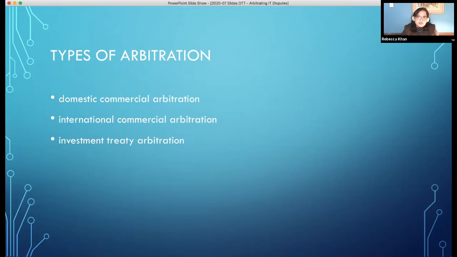Treaties incorporate a mechanism called investor-state dispute settlement, which allows a foreign investor to directly sue a state, if that foreign investor's country has an investment treaty with the Philippines, for example, and their investment project in the Philippines qualifies as an investment under that treaty.